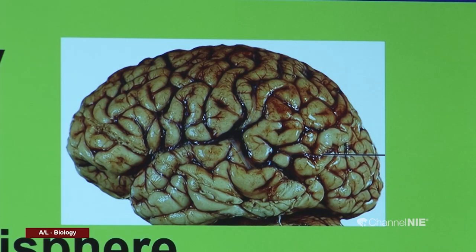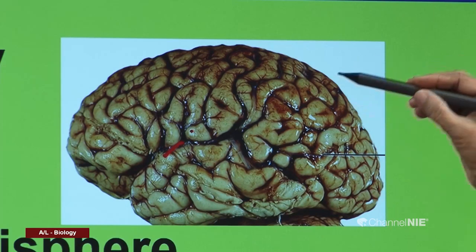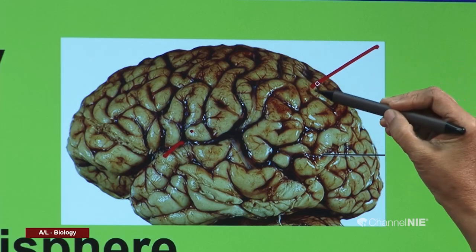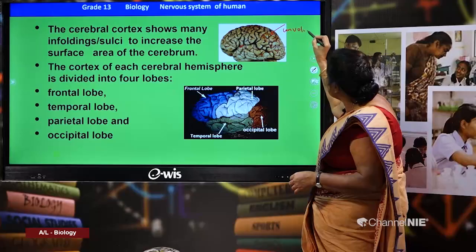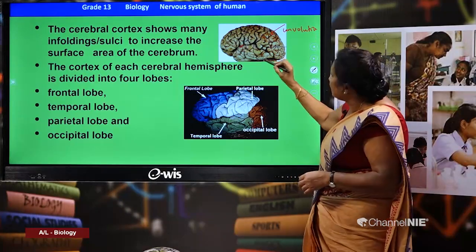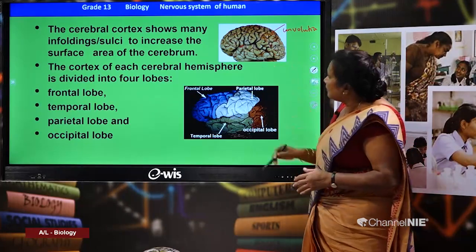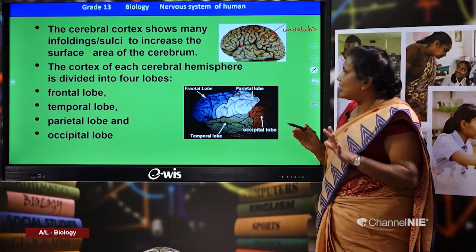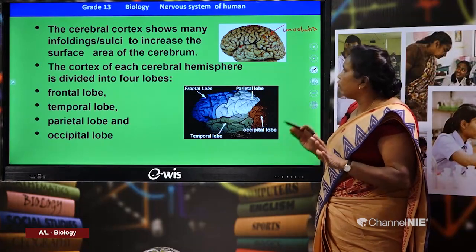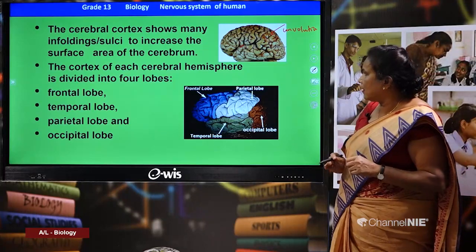So, you can see it has a large number of infoldings, and these are called convolutions, which are present towards the outside. These infoldings, or sulci, are needed for the increase in the surface area of the cerebrum.